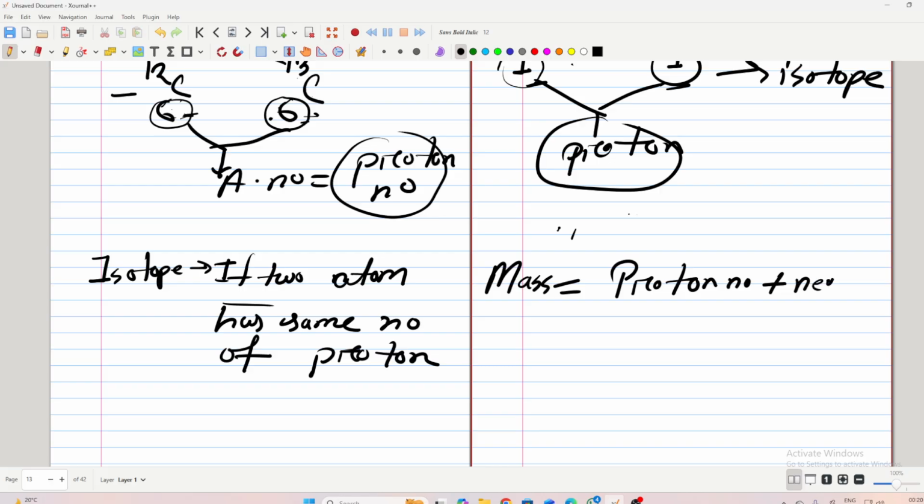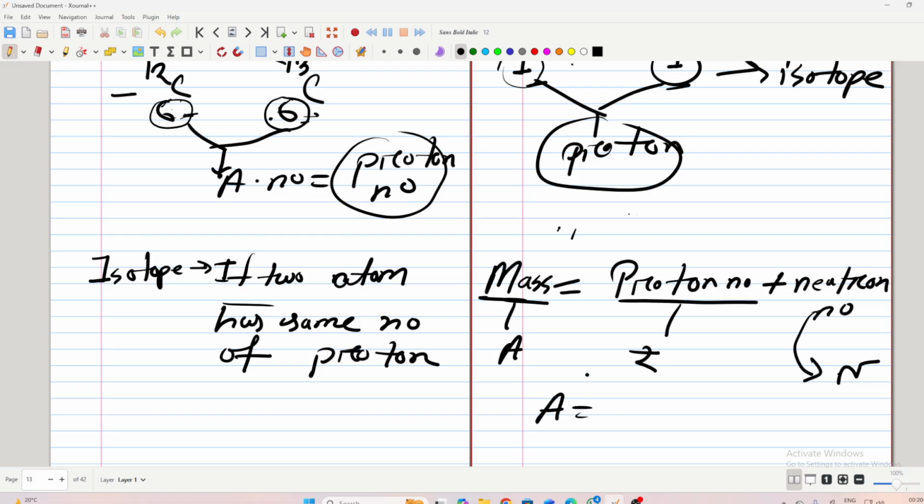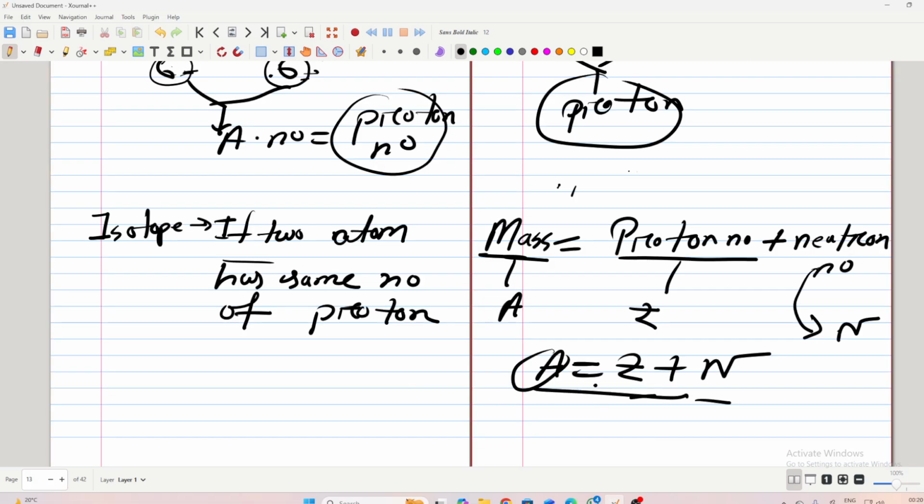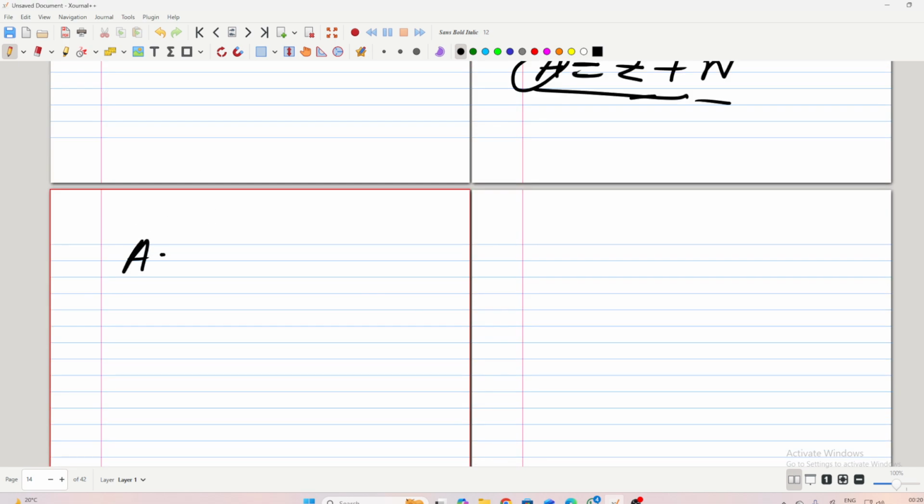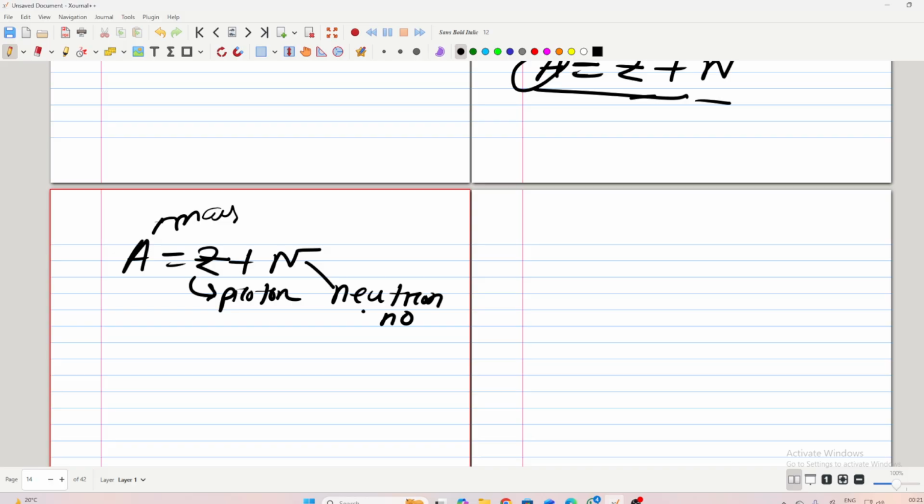We represent mass as A, proton number as Z and neutron number as N. So the formula is A equals Z plus N, where A is mass, Z is proton number or atomic number, and N is neutron number.